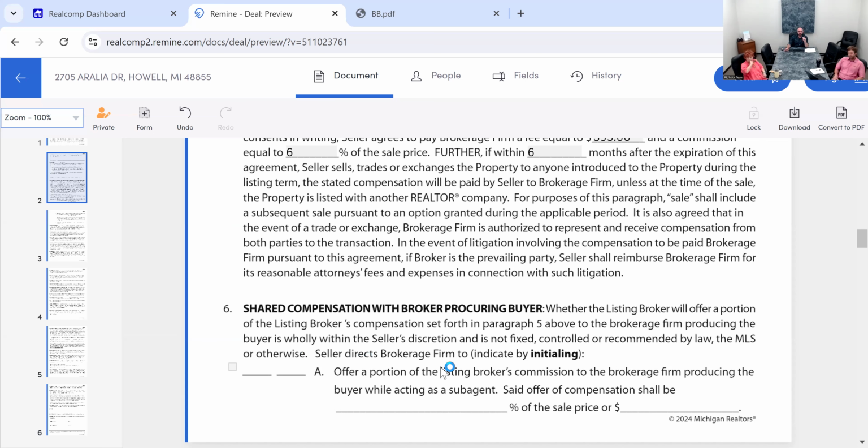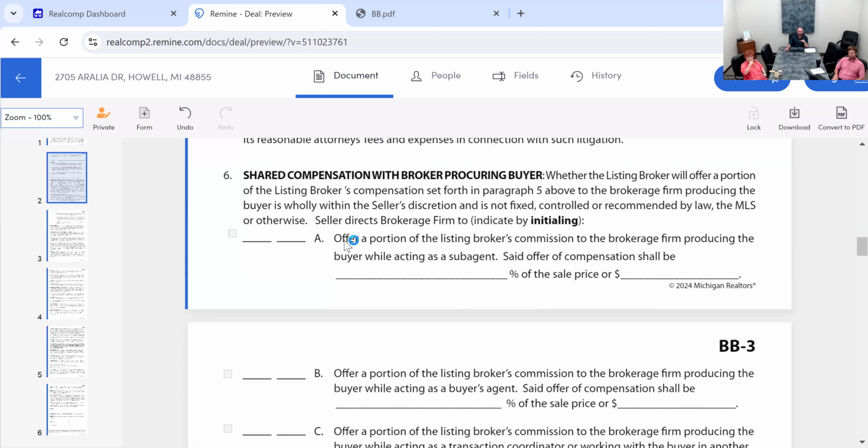Seller directs the brokerage firm to indicate by initialing. So if we want them to offer a portion of the commission to the brokerage firm producing the buyer while acting as a sub-agent, the offer of compensation shall be blank percent of the price or X amount. My business practice, I'm not going to have them do this, because I don't want to deal with sub-agents.